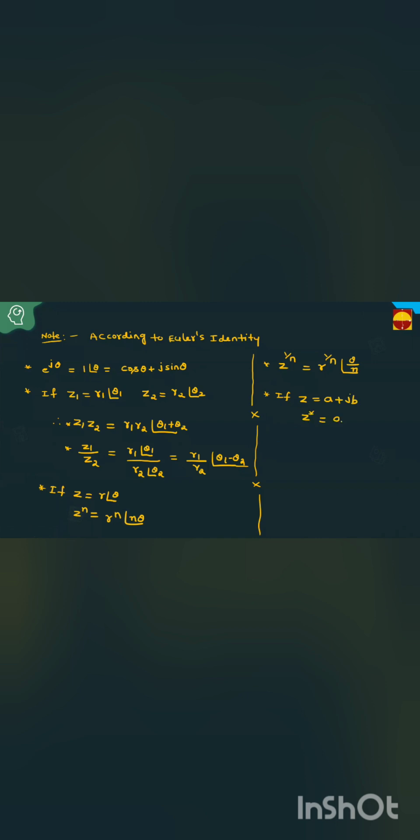Z conjugate equals a minus jb. What is z into z conjugate? It equals a squared plus b squared. What is z plus z conjugate? You add these two, and you get 2a.